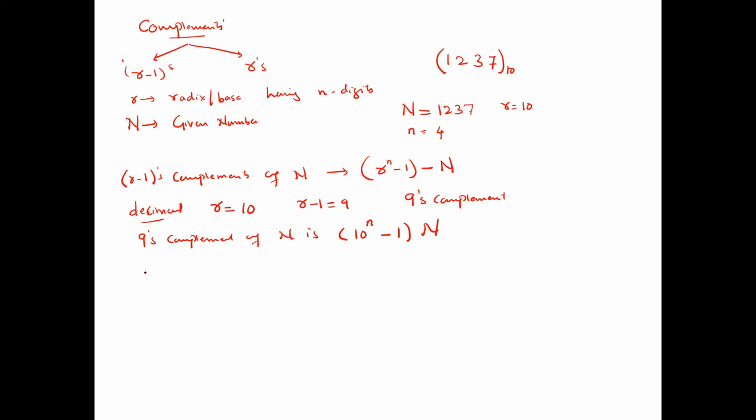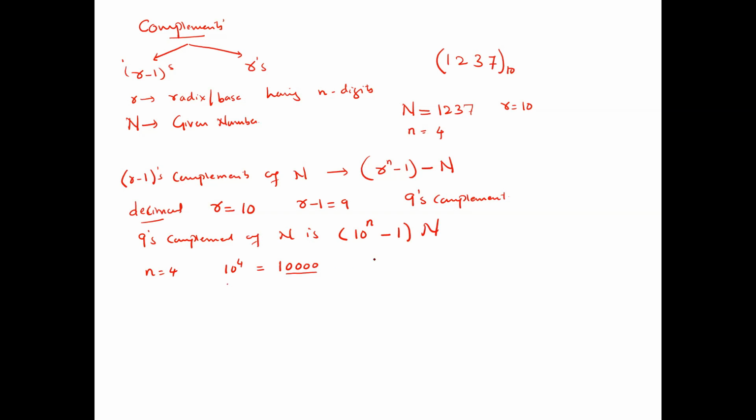Say, for example, I will assume the value of n as 4. Now, what is 10 raised to 4? This number consists of only a single one, that is 1 0 0 0 0, followed by n zeros. Okay, 4 zeros it will have.